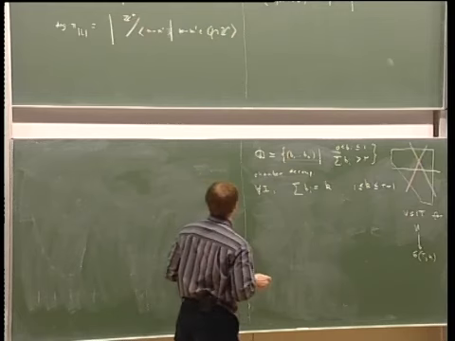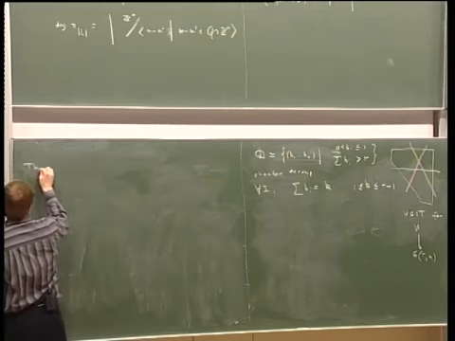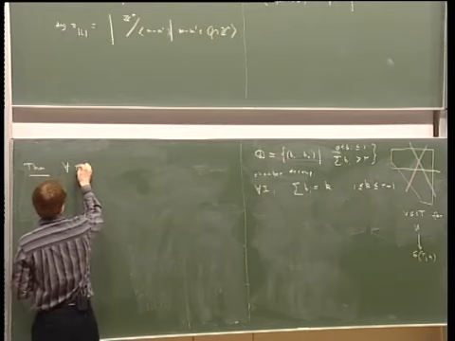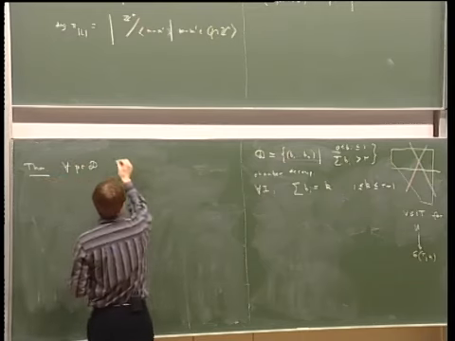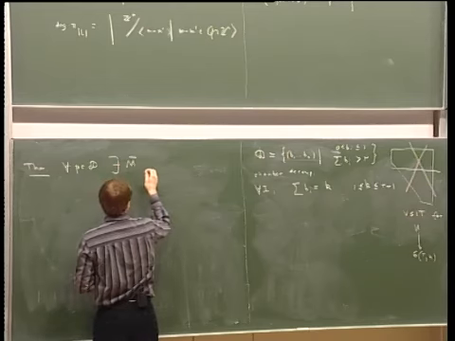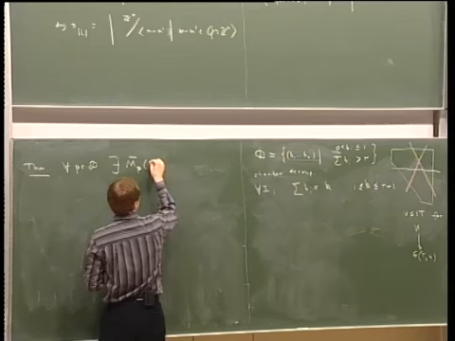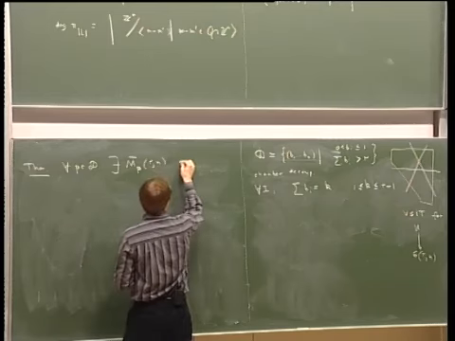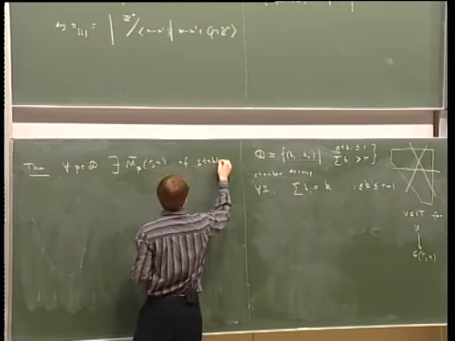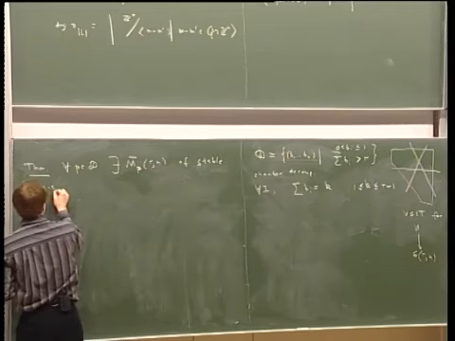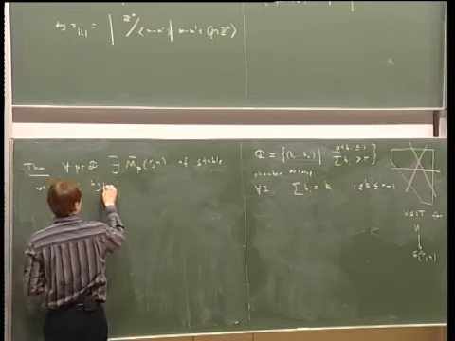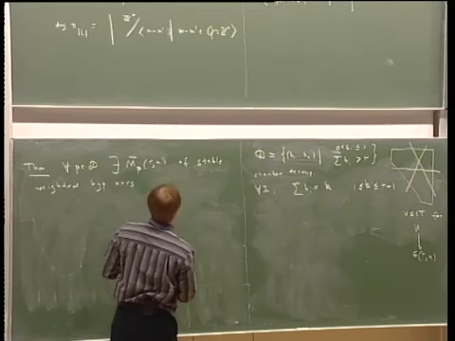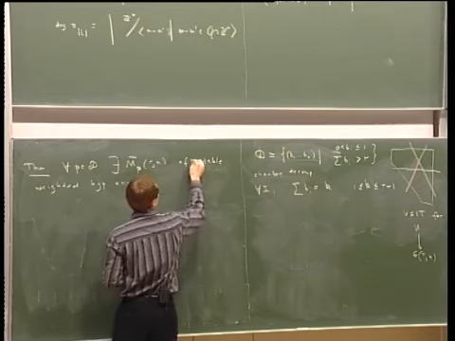And then the statement is that for every beta in D, there exists a moduli space, this M beta r,n. That's my notation of stable weighted hyperplane arrangements. Beta stable.